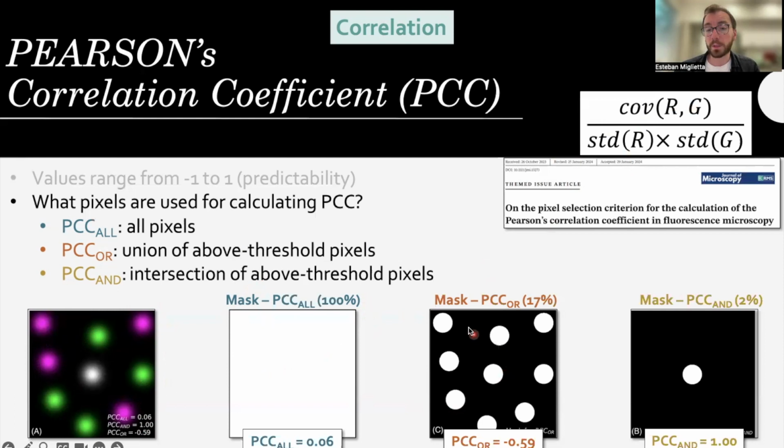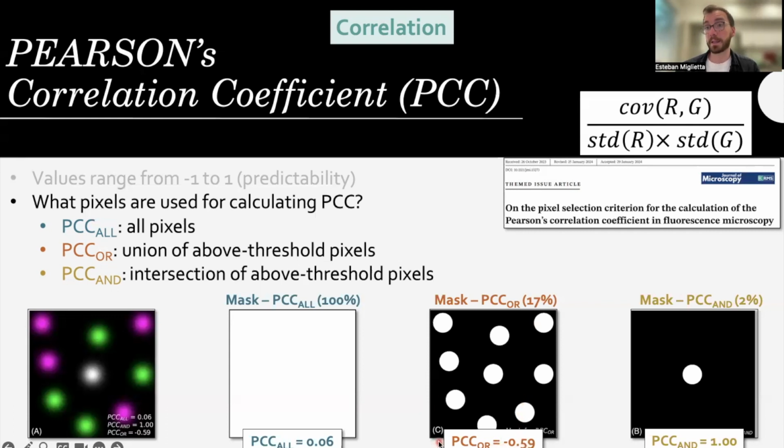However, if we restrict the pixels to analyze and we say, no, we will only use the pixels that are either magenta or green or both, now we're analyzing only a very small subset of the image, only 17% of pixels, and we actually get a negative value of PCC for PCC or.